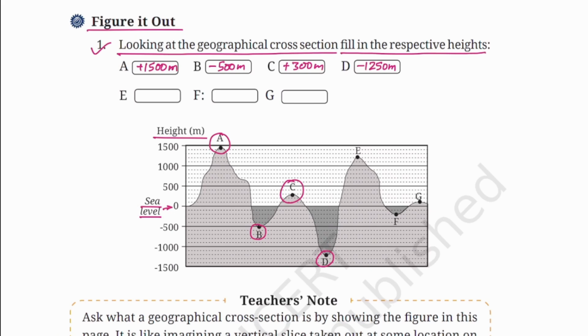Height of E, plus 1250 meter. Height of F, minus 250 meter. Height of G, plus 100 meter.